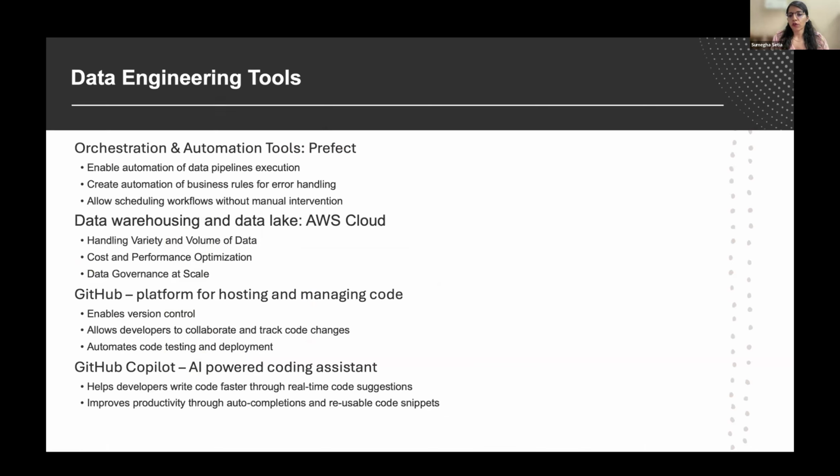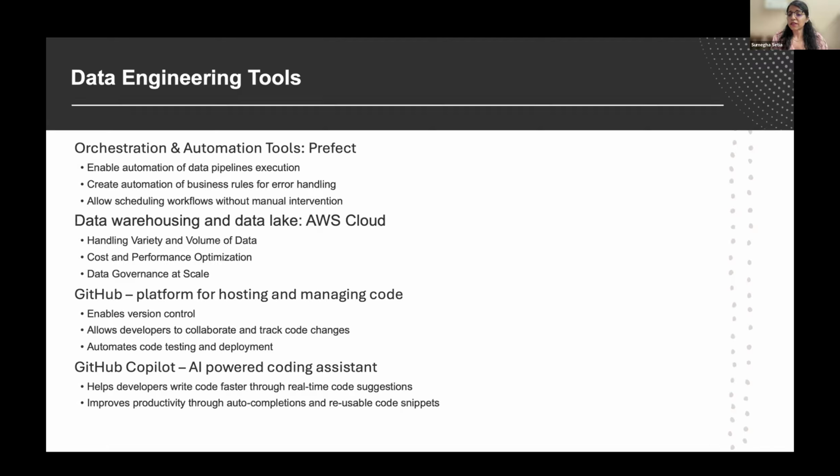For orchestration and automation, like pipeline automation, running on a daily basis, and monitoring of those pipelines, we have Prefect over here, where we can easily manage and orchestrate these pipelines and schedule these workflows so that we can monitor on the fly whenever we need to see whether any pipeline is working or whether there is any issue in the pipeline. Prefect helps us do that.